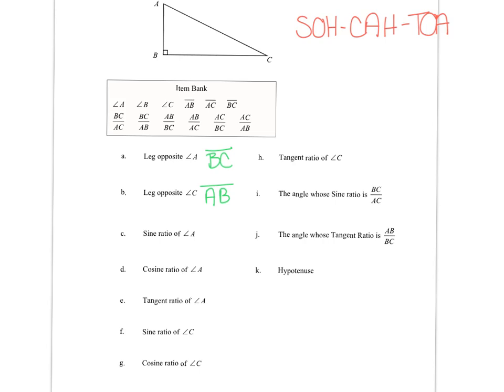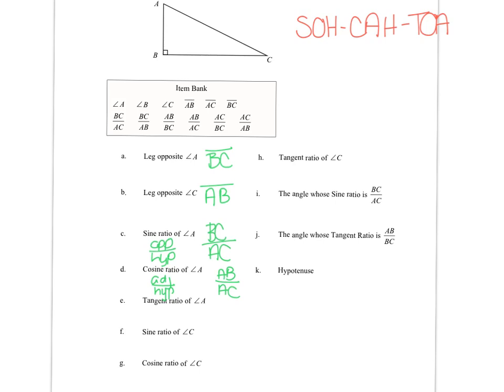So our sine ratio of angle A is going to be opposite over hypotenuse, which means we're going to have BC over AC. Cosine ratio of angle A is adjacent over the hypotenuse. So in this case with angle A, adjacent is going to be AB over a hypotenuse of AC.